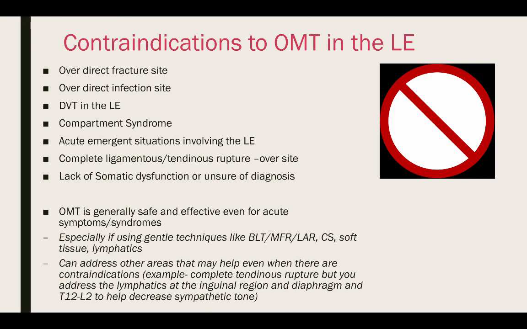And even if you can't, so say someone does have a complete tendinous rupture of their Achilles tendon, right? You're probably not going to do anything to that Achilles tendon, but can you do a popliteal release? Can you do a diaphragm release, right? Can you treat T12 through L2 to help decrease sympathetic tone? Those are all things that you can do to allow you to do OMT and still help this patient's physiology to help them heal better, faster.